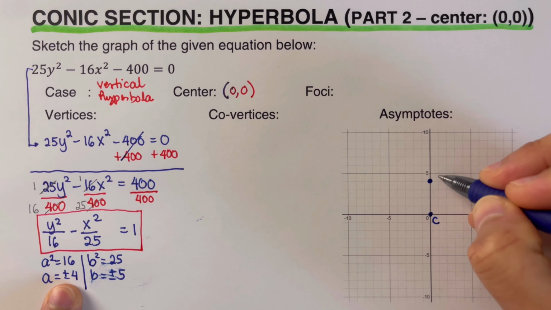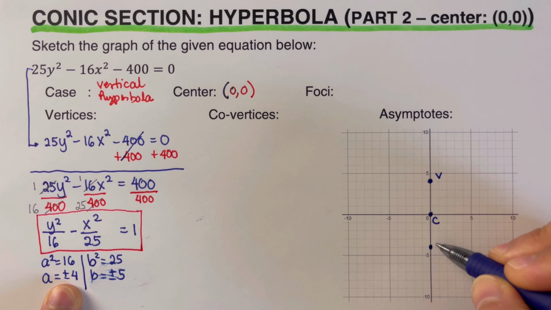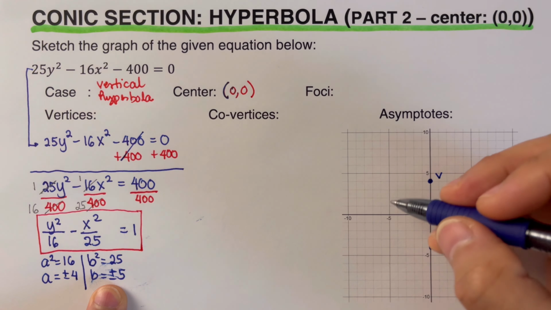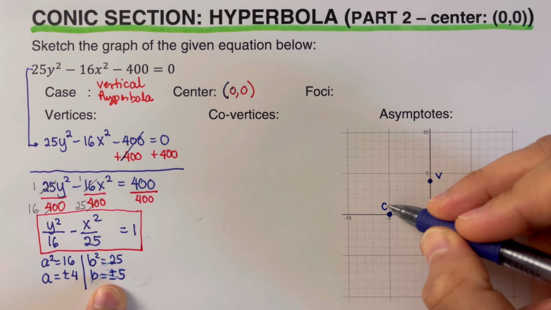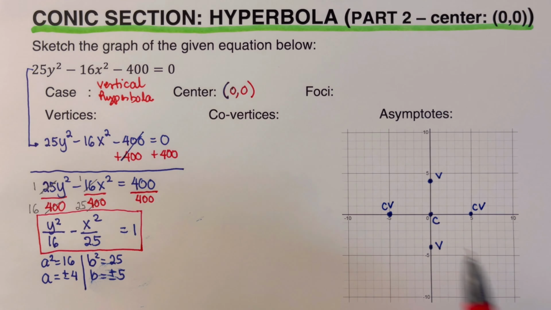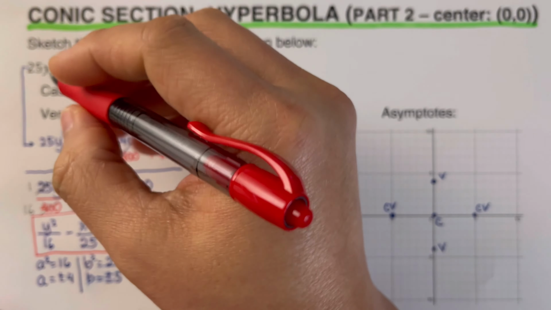This is our first vertex. And I go down 4. This is the second vertex. This b will give us the location of the co-vertices. So I go left 5 and then I go right 5. Those are the two co-vertices. So I'm going to write the coordinates of the two vertices and the two co-vertices up here.